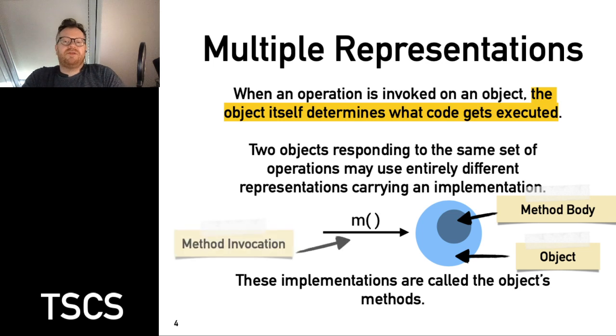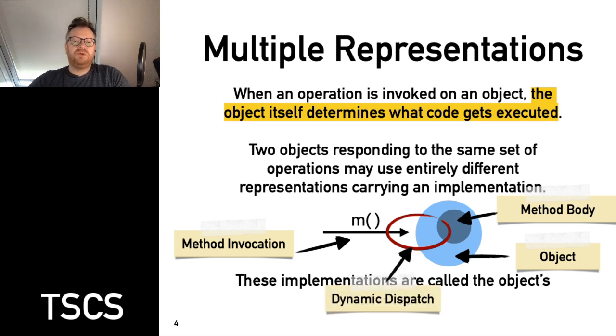And then you have a method invocation. So you invoke a method on an object. This is terminology that should be fairly familiar to you when you have programmed in Java or different programming languages like it. And this is what we call dynamic dispatch.